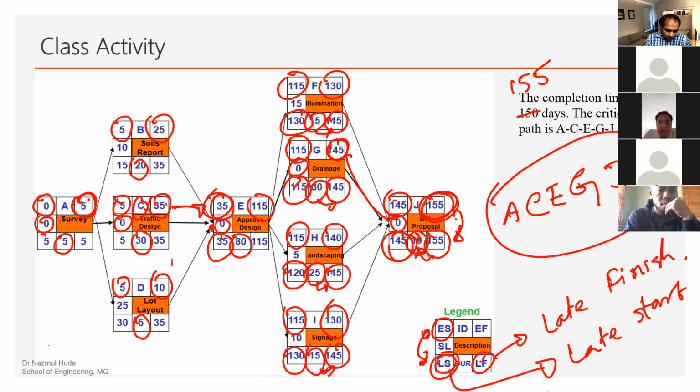Slack is 0. 5, 5. Slack is 0. 5, 30. Slack is 25. 115, 120. Slack is 5 days. So if you subtract, you get the slack in any chain. That's slack.